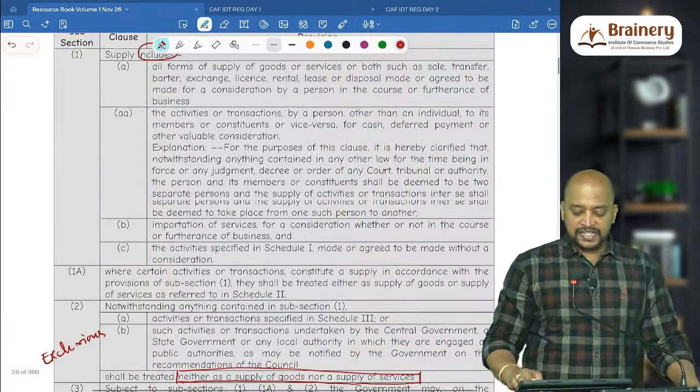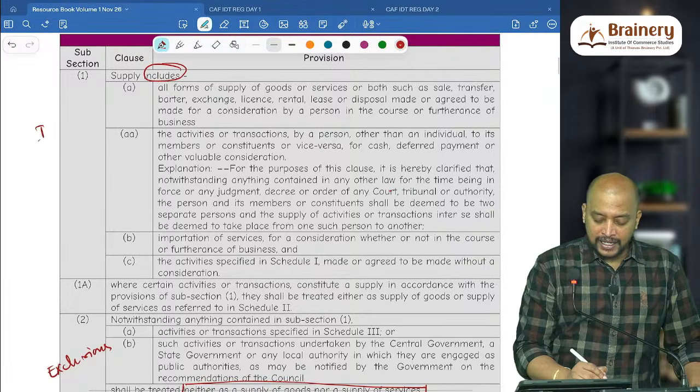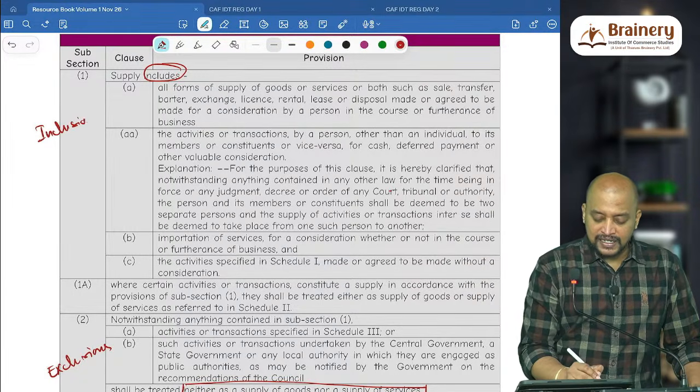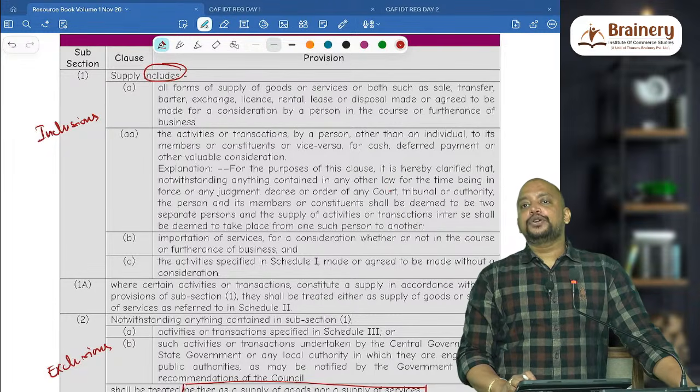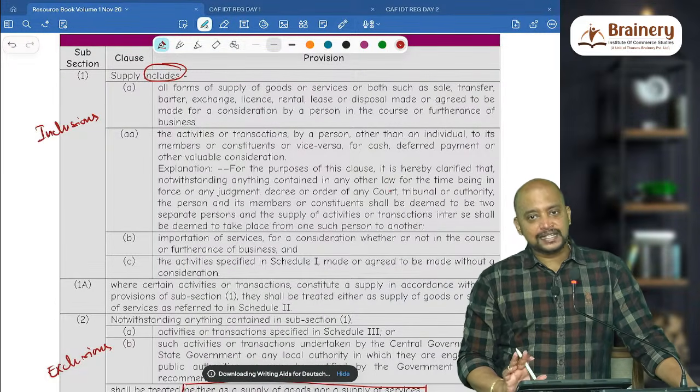Inclusions are given in 7 subsection 1 and exclusions are given in 7 subsection 2. So by reading 7.1 and 7.2, you know which activities are treated as supply.